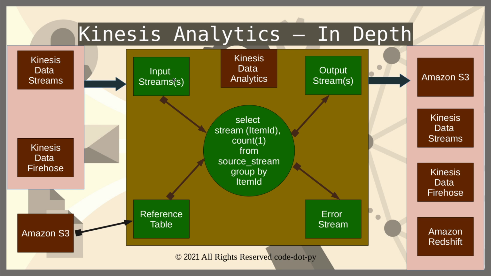Based on that input data set, we can perform certain SQL-like operations, like selections on the data and also aggregations or count functions, and also group the data on a certain condition, and then publish that aggregated data through the output stream to the destination, which could be Amazon S3, Kinesis, again another Kinesis data stream, or a Firehose, or even Amazon Redshift.